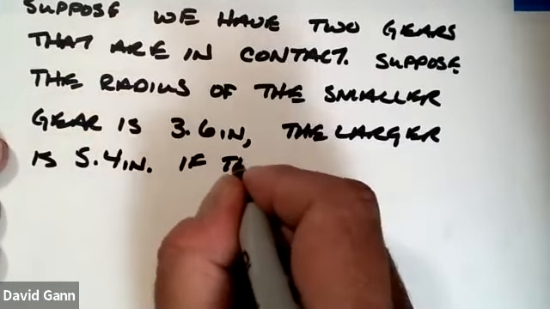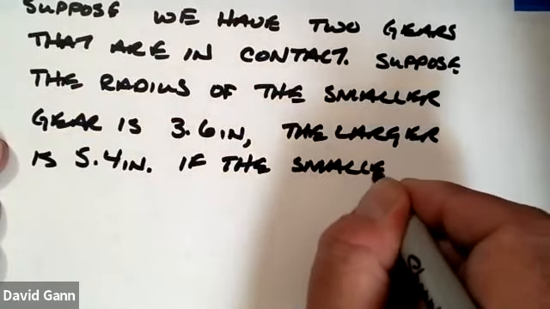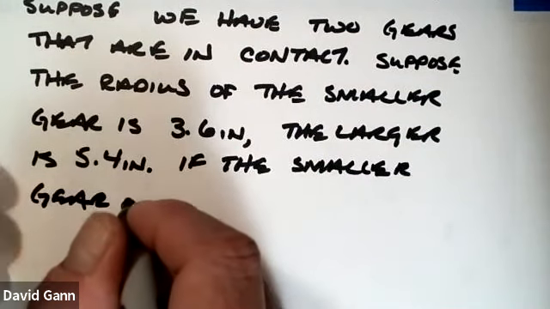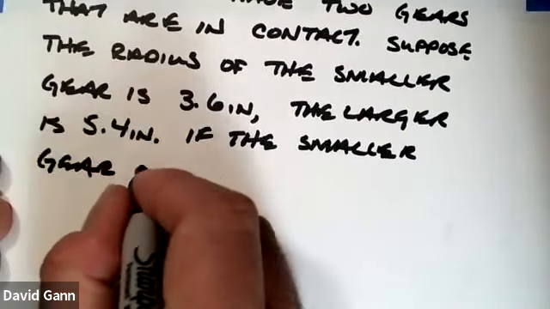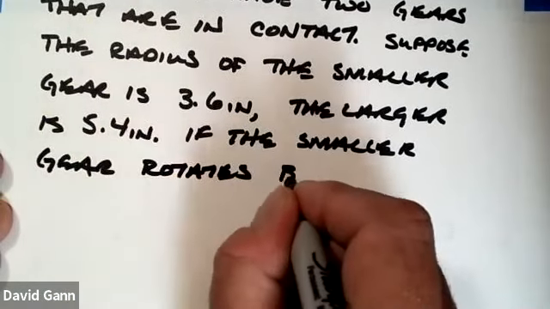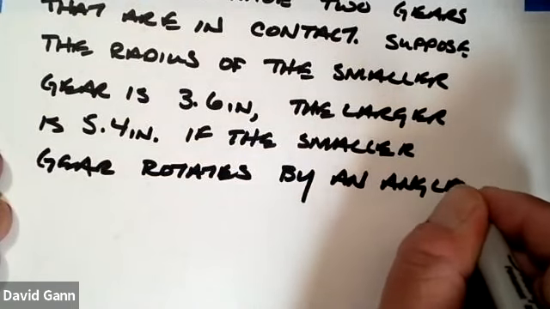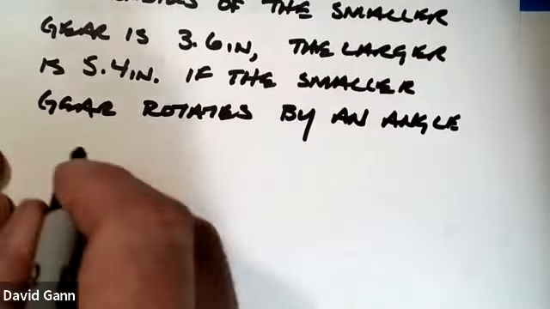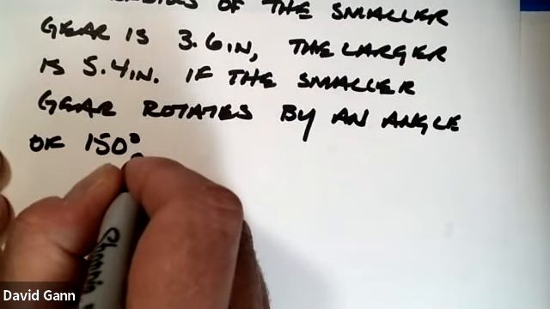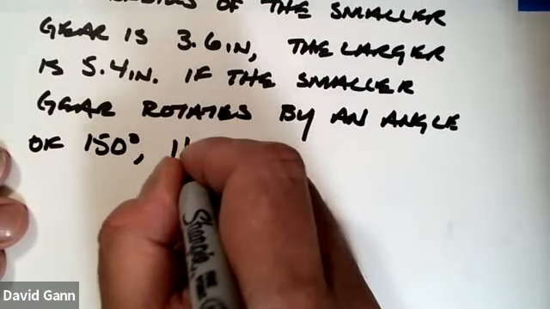If the smaller gear rotates by an angle of 150 degrees, how much does the larger gear rotate?